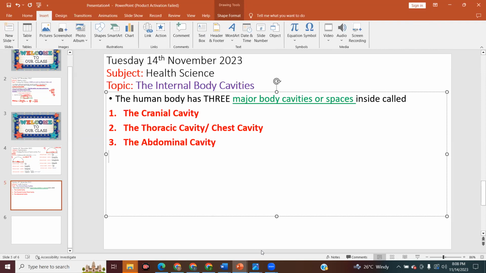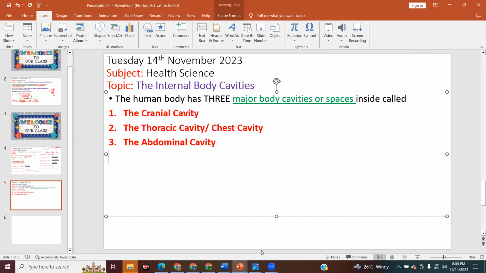Like when you have a cavity in your teeth, that means you have a hole in your teeth, right? It's infected. That's what a cavity is. It's a space or a compartment in the body that houses organs and structures.